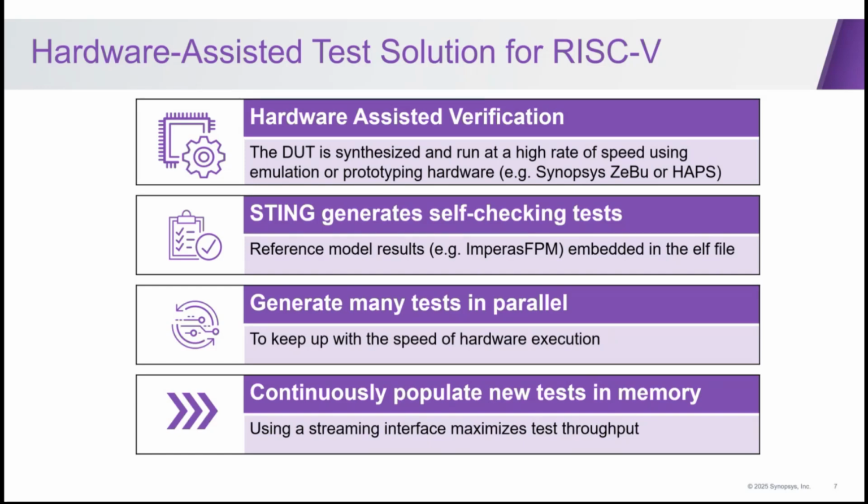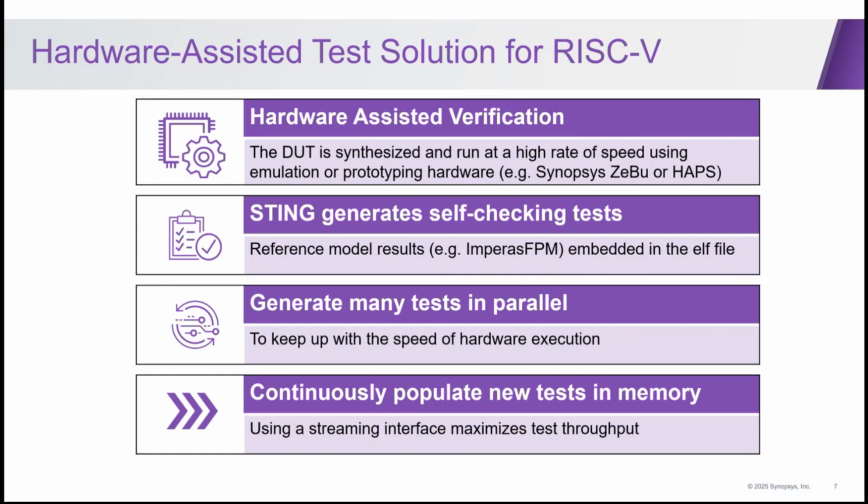And at the same time, for test generation, we will use Sting, this silicon proven solution, to generate high quality tests, but not like the traditional way. You generate a test, you run it, generate another test, you run it. We want to provide much better performance, much better throughput compared with the traditional usage of Sting and ZeBu, and generate many tests in parallel.